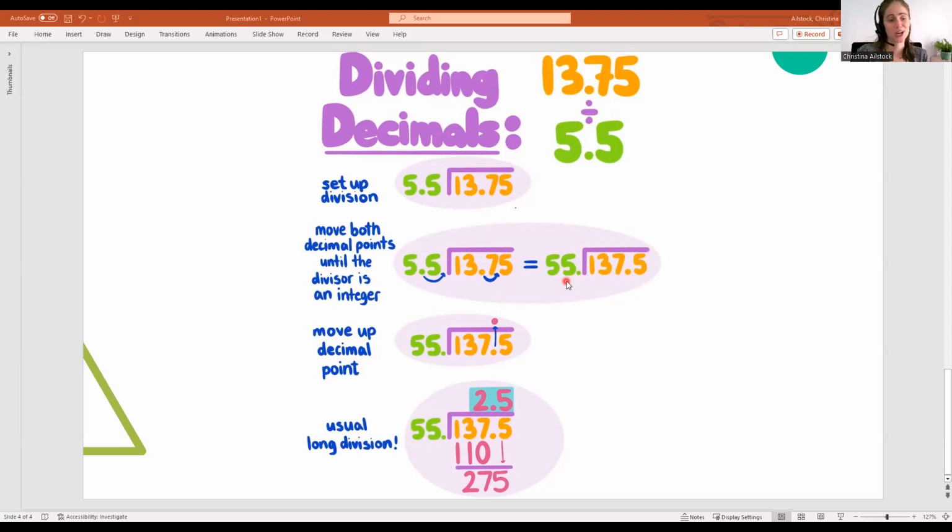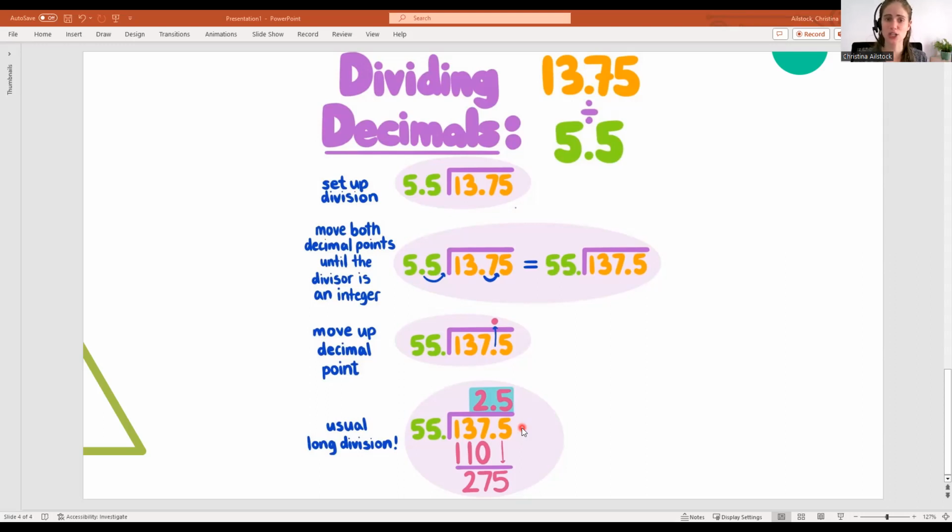Once you've done that, you just bring that decimal point straight on up and then perform your long division per usual. So really, hopefully what you've gathered from this is that where your decimal point goes is the main difference, but the actual process of multiplication and division is something that you've been doing for a while now, and it's pretty similar.